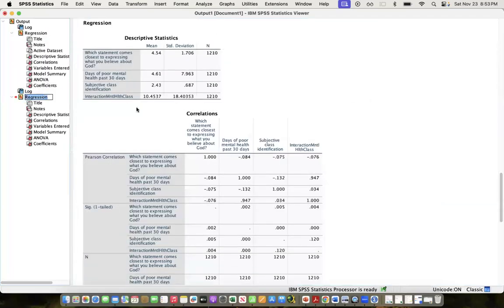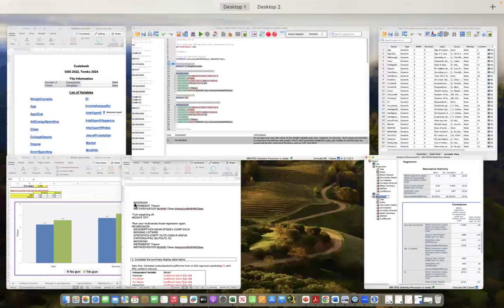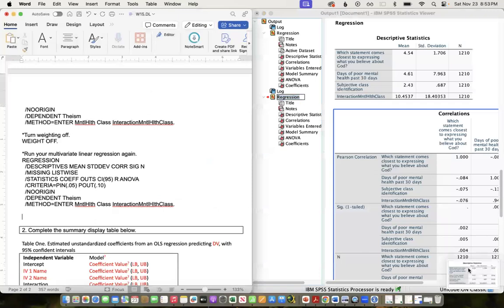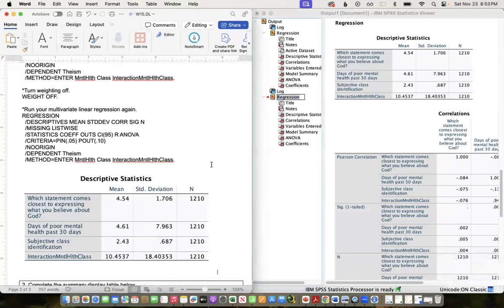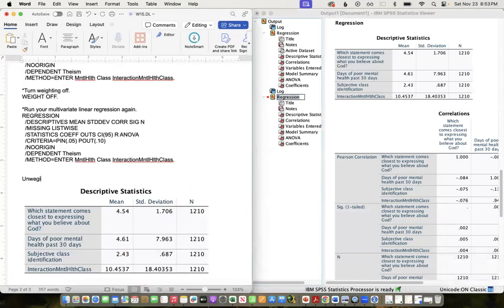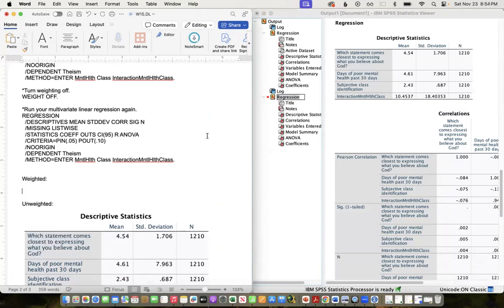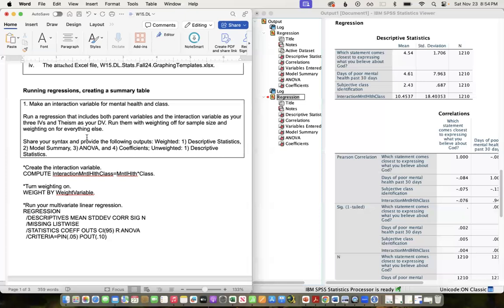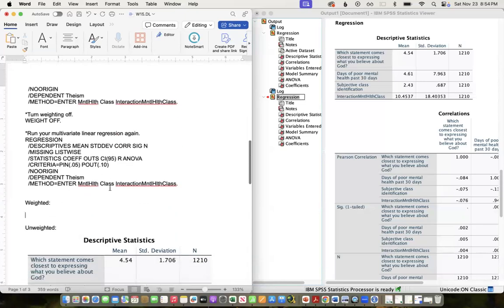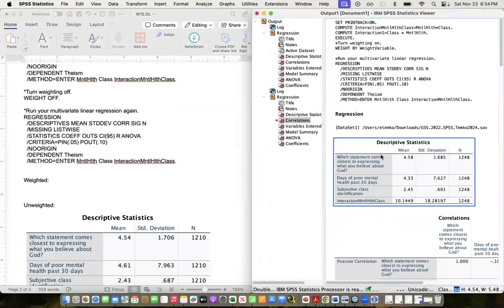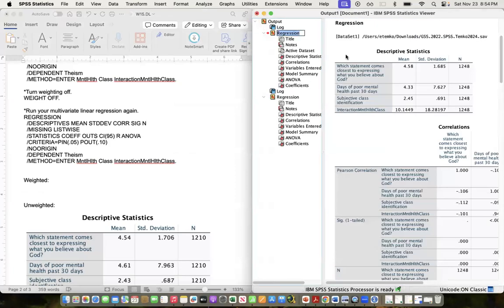Okay, so unweighted, this is my descriptors for unweighted. And then for weighted, I'm going to want descriptives and those last three, right? So same ones as last week. So here is my weighted one.